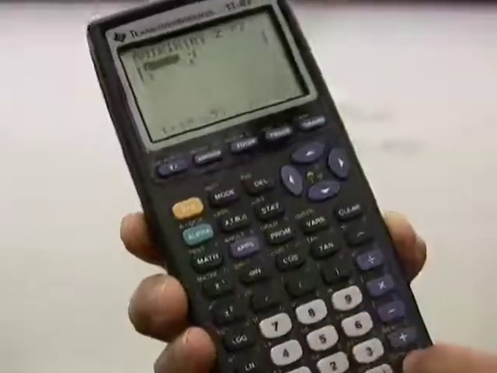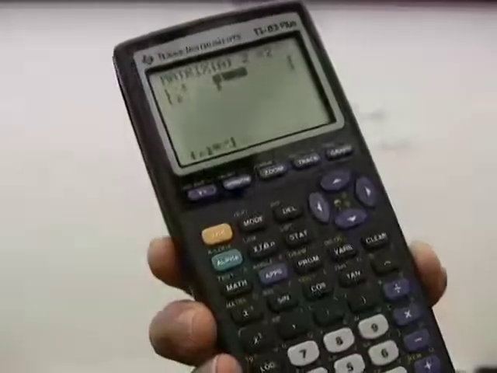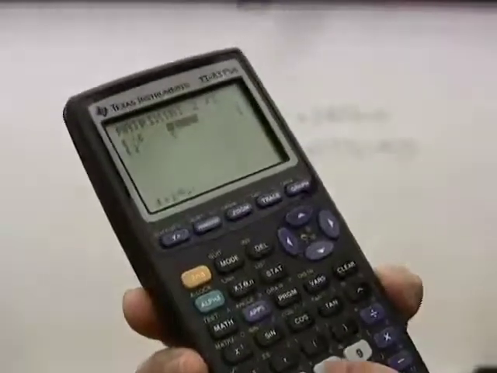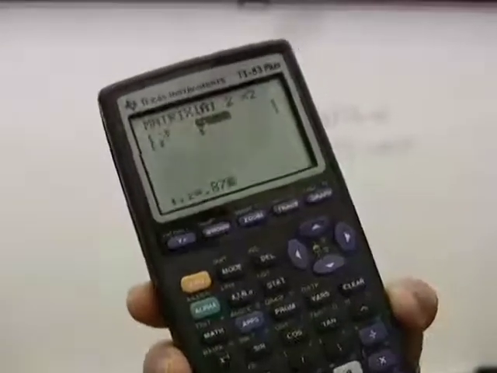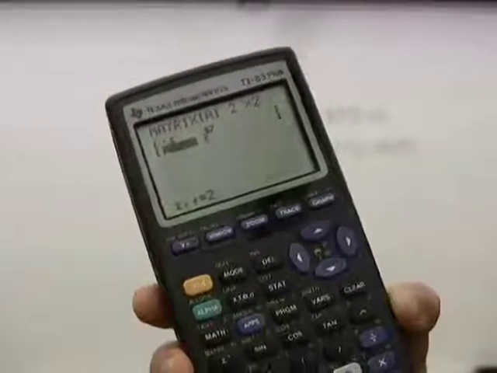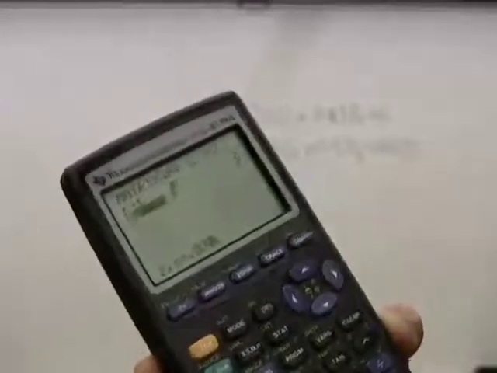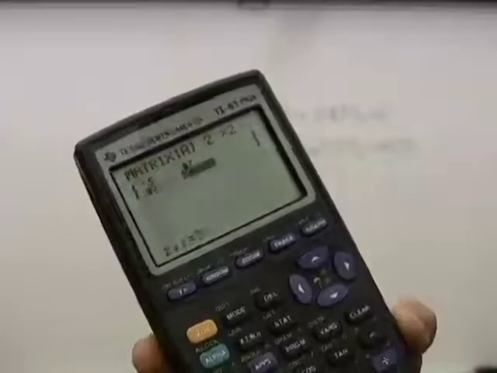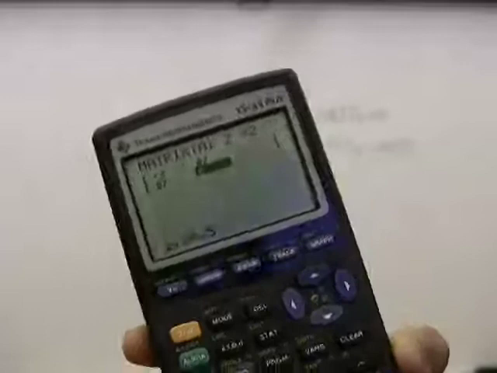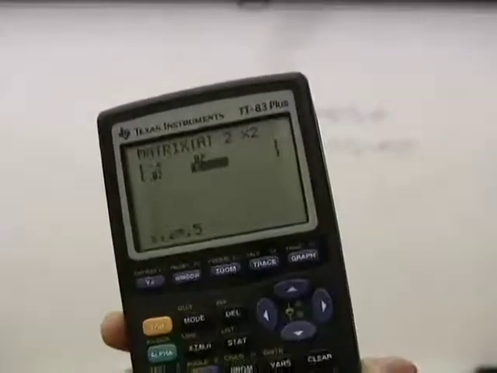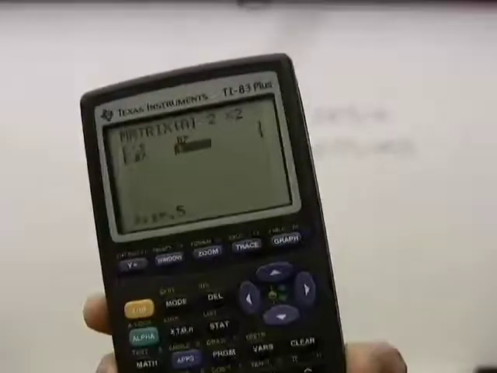That is the first number. Enter. The next number is 0.87. There you are. And enter. Now the second row is 0.87. Enter, and 0.5. So you have now in the calculator a matrix with the coefficients on the left side.